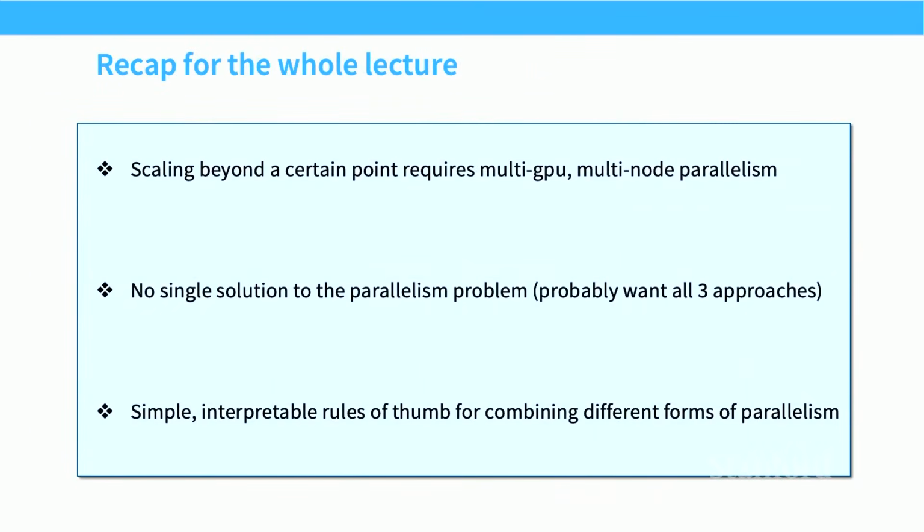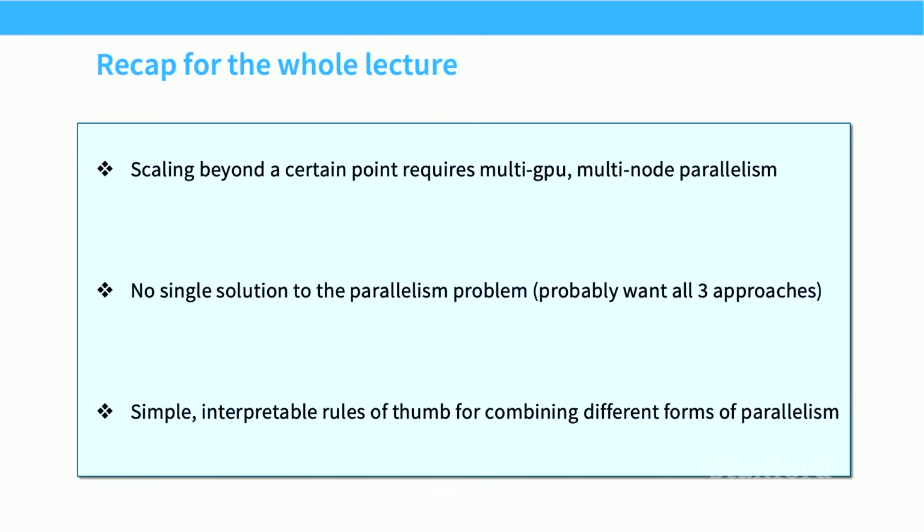Good. Okay, so to put everything together, the highest level point of this lecture is we need to think about multi-GPU, multi-node, maybe even multi-data center parallelism. And to think about efficiency in that regime, we need to bring to bear all the approaches that we have, because you've got fast links, you've got slow links, you've got techniques that make use of batch sizes and all these different resources that you want to consume as much as possible.